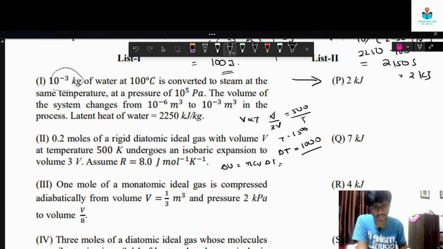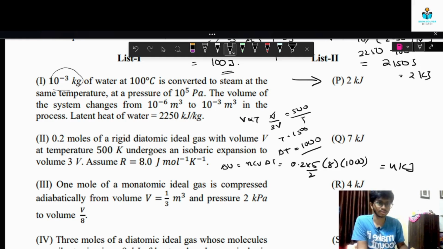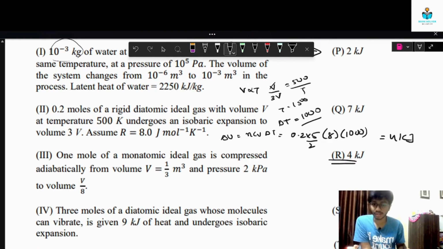Now N Cv delta T is basically 0.2 into 5 by 2 into 8 into 1000. So this comes out to be 4 kilojoules. This one is R.